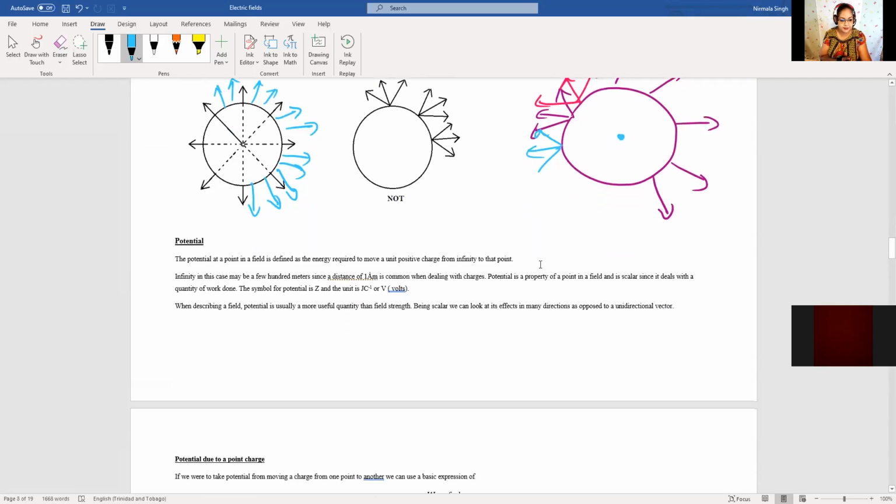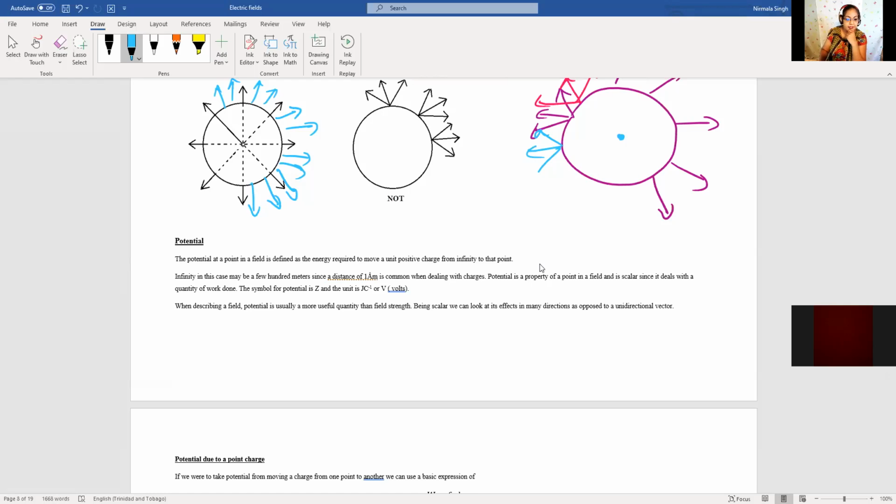Potential. Potential at a point, excuse me. Potential at a point in a field is defined as the energy required to move a unit positive charge from infinity to that point. We're looking at potential, not potential differences yet.